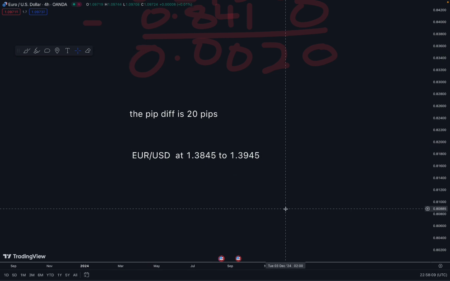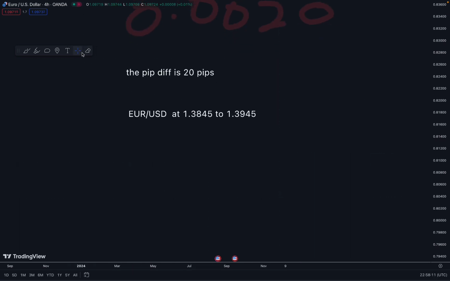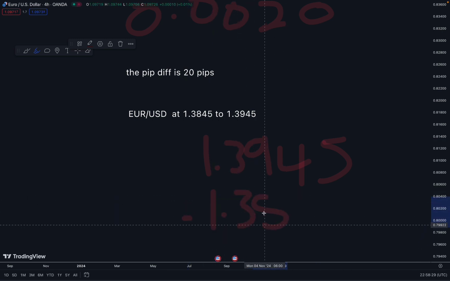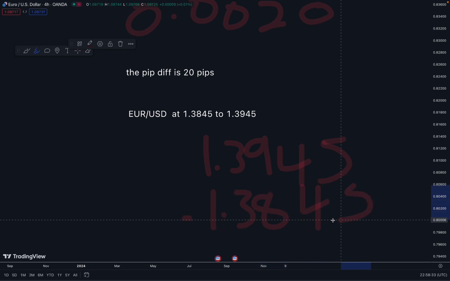So we are going to subtract the smaller number from the bigger number for us to get the pip difference. It's going to be 1.3945 minus 1.3845.